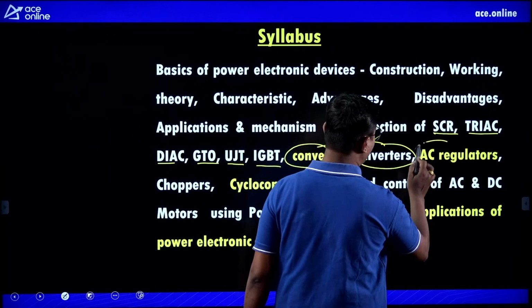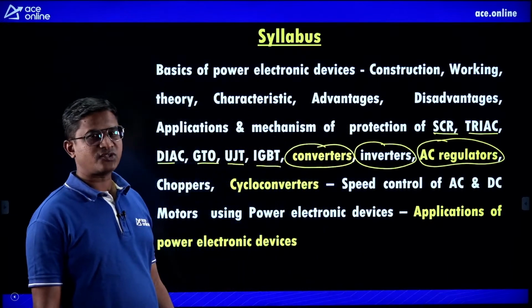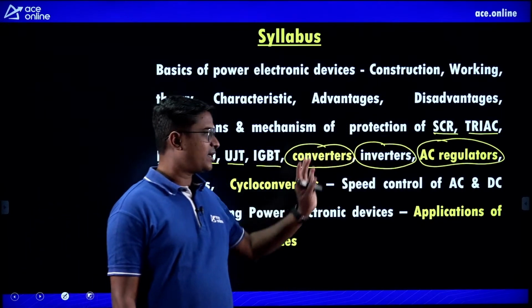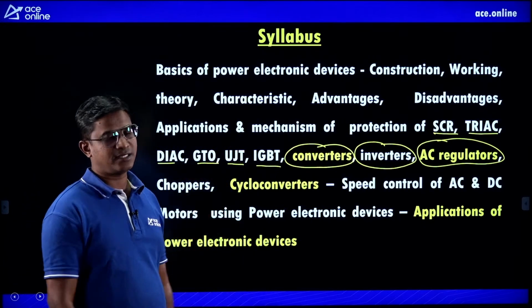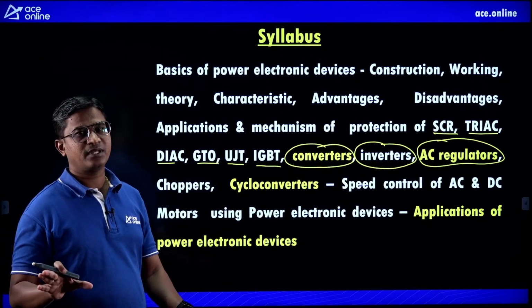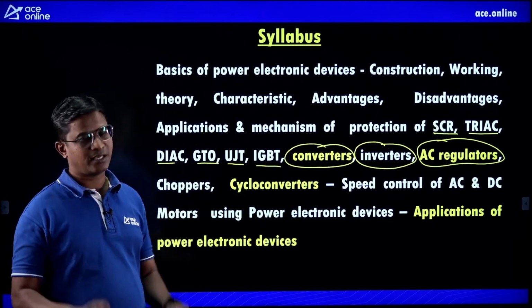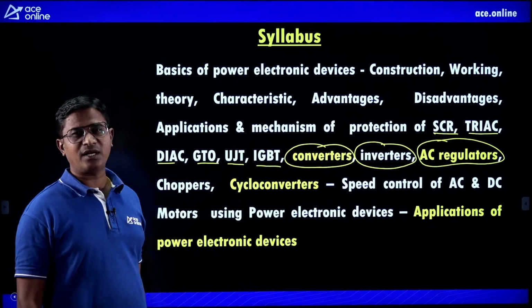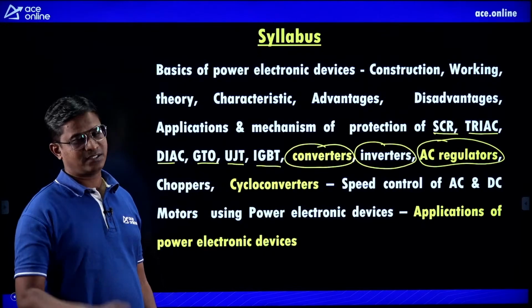Next, AC voltage regulators. Input is AC, output is also AC. AC voltage regulators convert fixed AC to variable AC. The frequency of the output and the frequency of the input are the same, so the AC voltage regulator gives output only in terms of variable voltage.